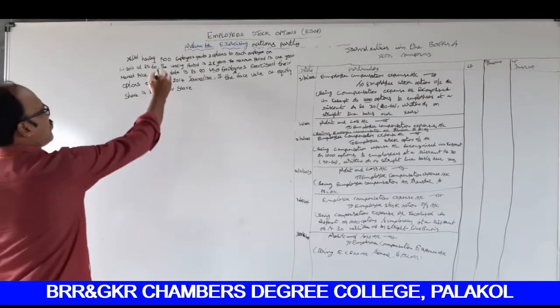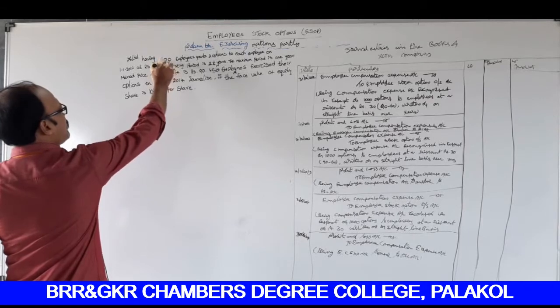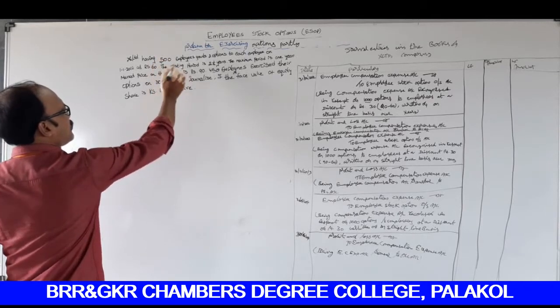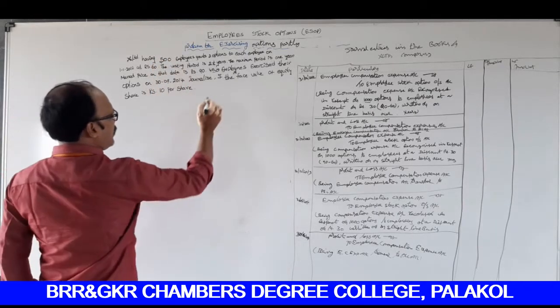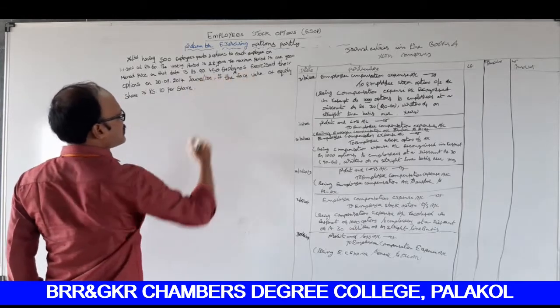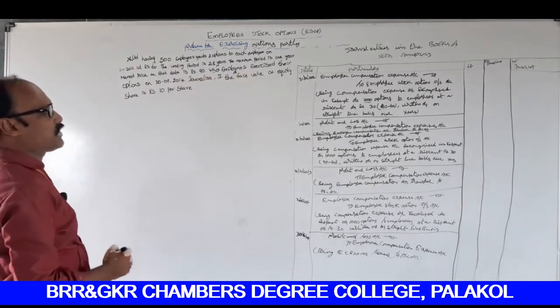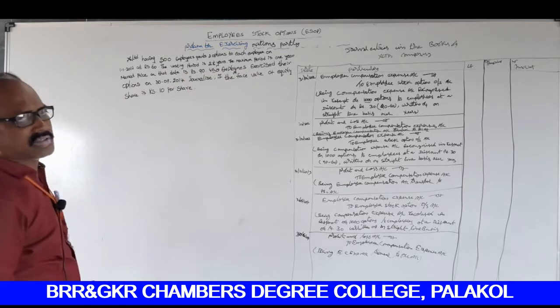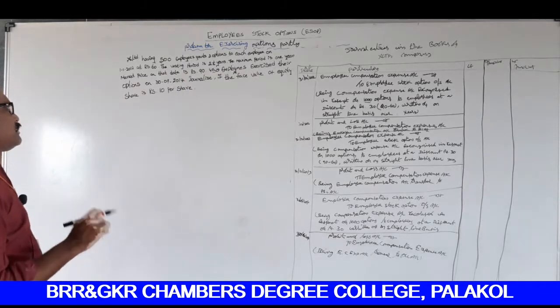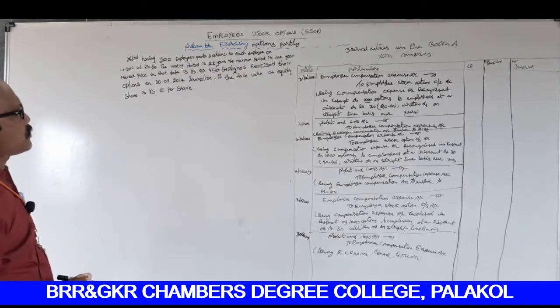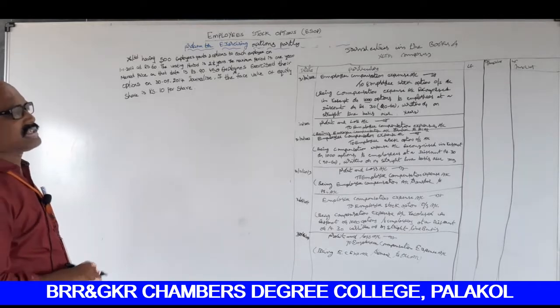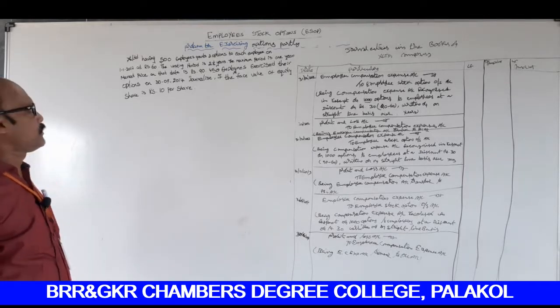X Limited has 500 employees, but 450 employees exercised. The remaining 50 employees did not exercise. That's why this problem needs to be considered as exercising options partly.